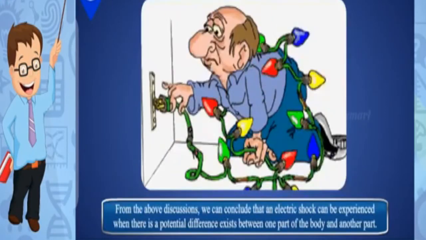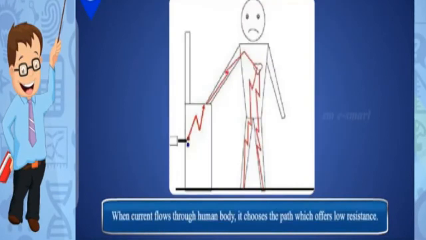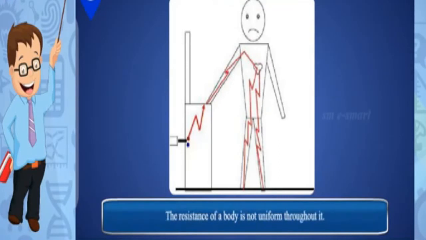From the above discussions, we can conclude that an electric shock can be experienced when a potential difference exists between one part of the body and another part. When current flows through the human body, it chooses the path which offers low resistance. The resistance of the body is not uniform throughout it.